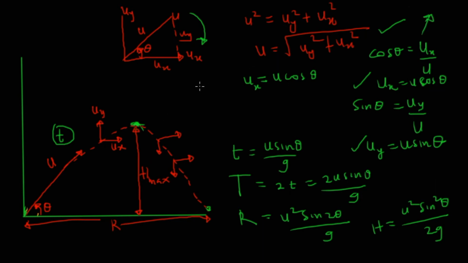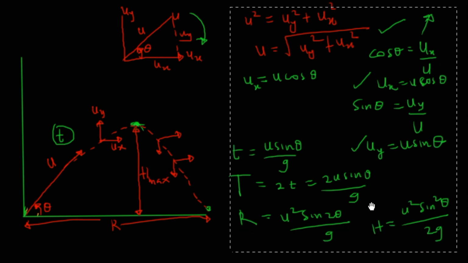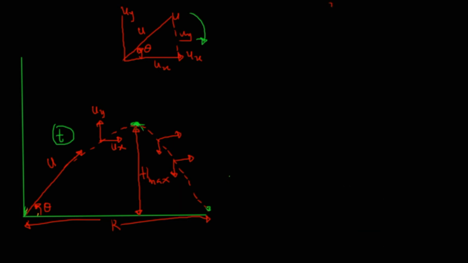Okay, let me teach you how I memorize these formulas. Of course I know that we have small t, then big T, then R, and then H. So it all starts from small t. I just need to know that t is u sine theta upon g, and then big T, from the concept, is twice the small t.